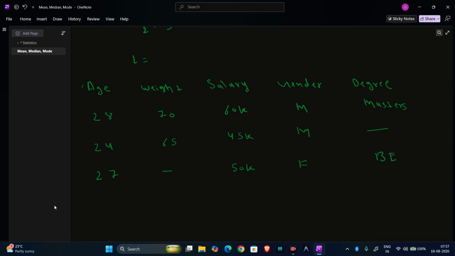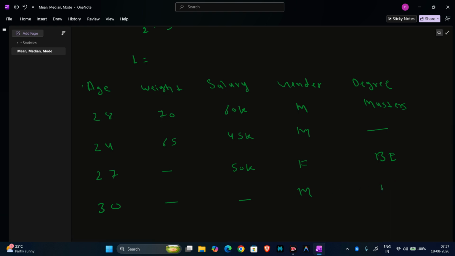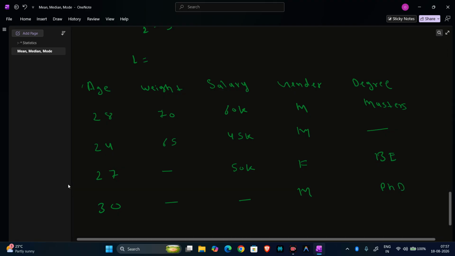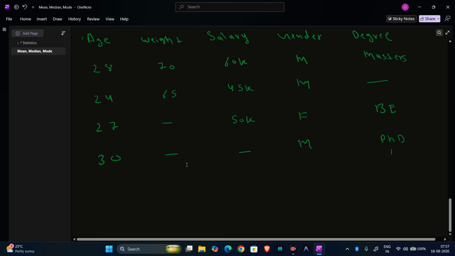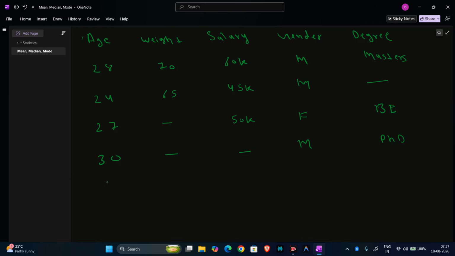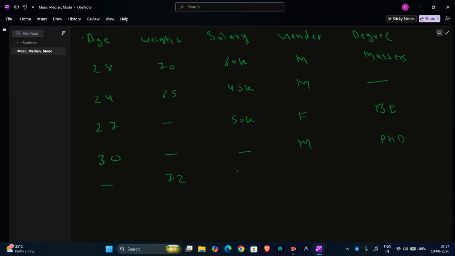Next we have 30. Weight we don't have, salary we don't have, male, and here PhD. Here we don't have age, we have weight, and we have 65K salary.